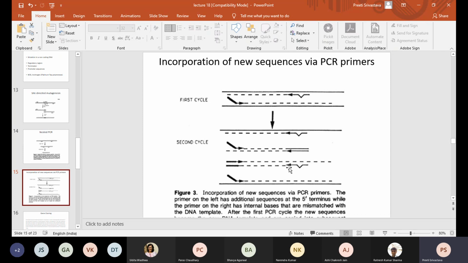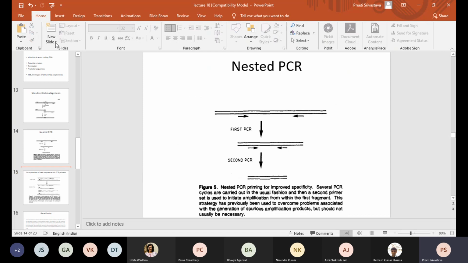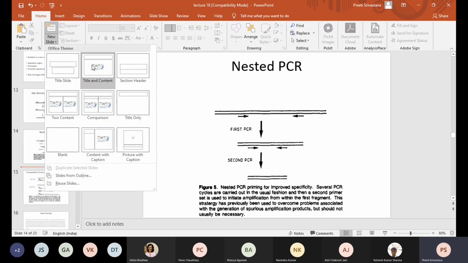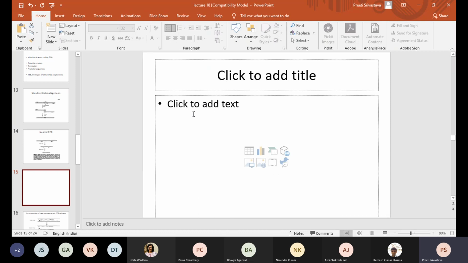Now PCR can also be used for incorporating new sequences, and now slowly we will move to gene cloning. But maybe before that I would like to tell you that PCR can be used for various techniques.